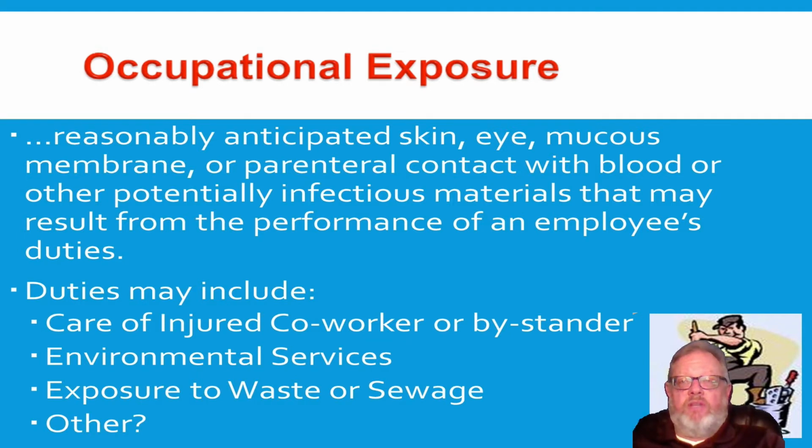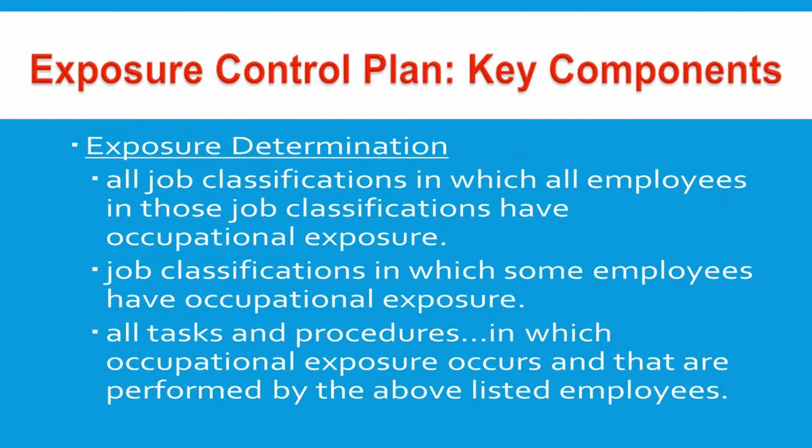Maybe you're involved in environmental services. Maybe you have exposure to waste or sewage. And there are many others that I probably can't even begin to think of, but some of you do know. So it's important that we take this definition of occupational exposure seriously, and not only that we take it seriously, but we apply it correctly, right?